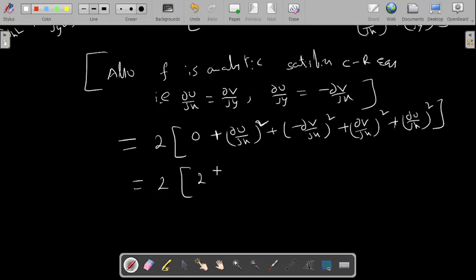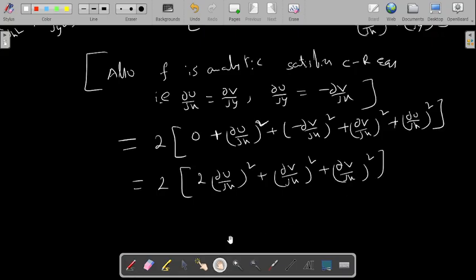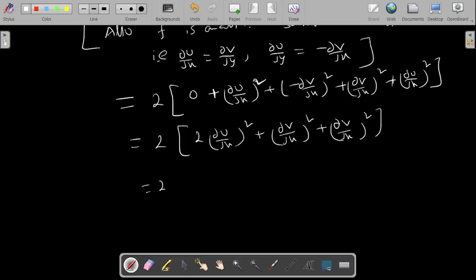That means 2 into (∂u/∂x)², and (∂v/∂x)², (∂v/∂x)² again, that is 2 into (∂v/∂x)².